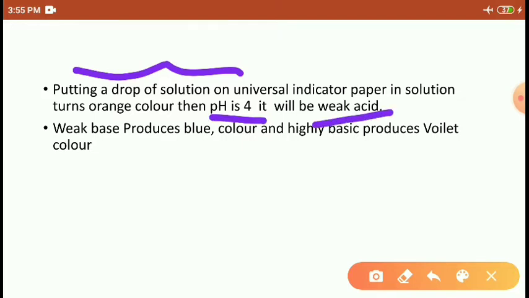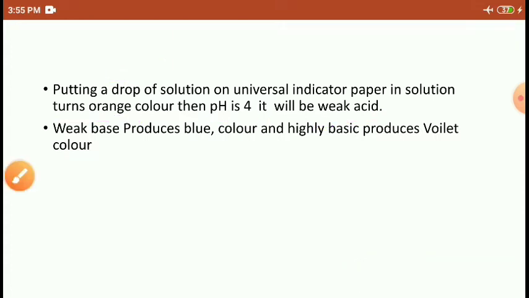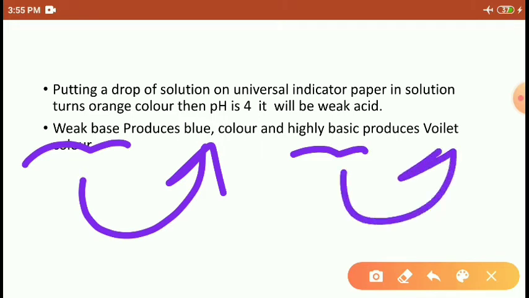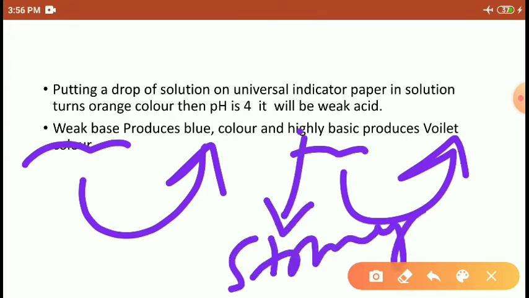If it is dark red, as we discussed in the previous class, it is a strong acid. If it is orange, it is a weak acid, right? Similarly, a weak base gives blue color and a highly basic, strong base gives violet color. Highly or strong, both are correct.